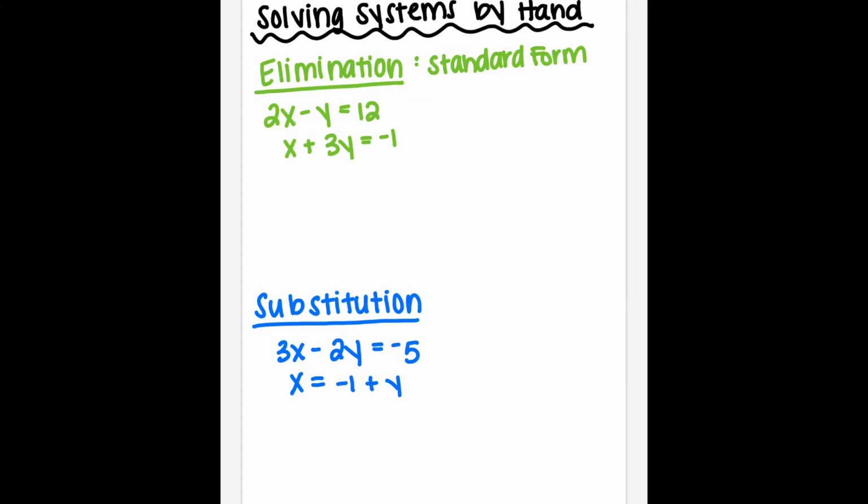So notice that both of these equations are in the form ax plus by equals c. Now, to eliminate one of these variables, that means that the coefficient of the x variables or the coefficient of the y variables need to match.